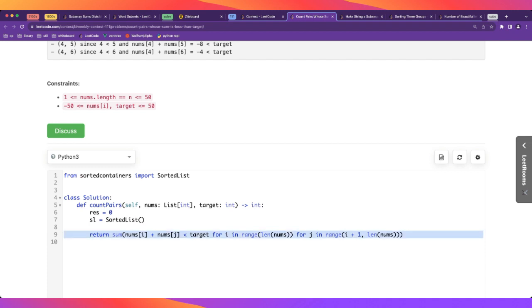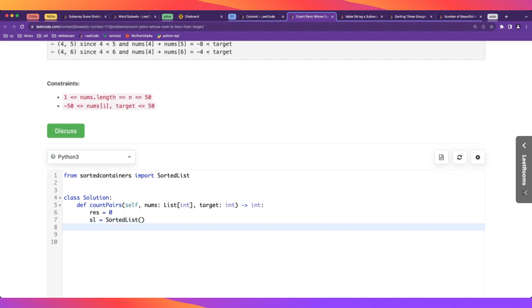Here we cannot do one fancy one-liner because we are changing the sorted list, so it's kind of weird to do those kind of high-level functions with side effects. So let's do it this way.